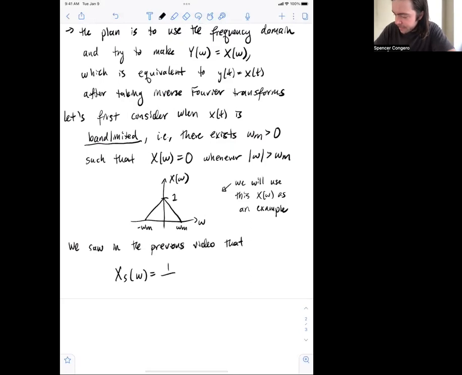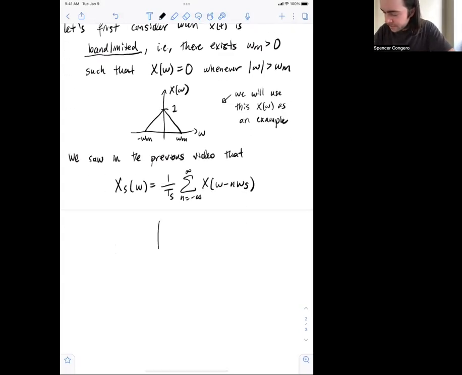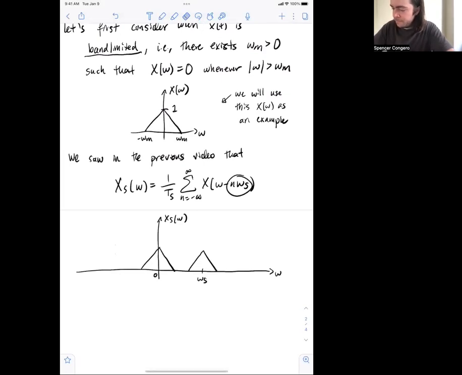Remember, it's just a big sum of scaled shifted copies of the original x of omega signal. Okay, so let me draw that. What does that look like? Looks something like this. We're going to have a copy centered at 0, and a copy centered at omega sub s, right, just all the integer multiples of omega sub s.